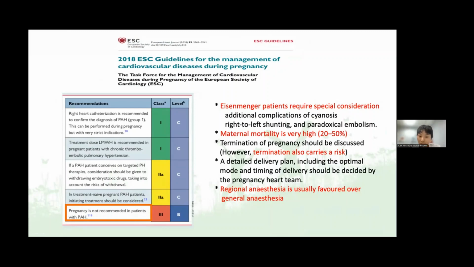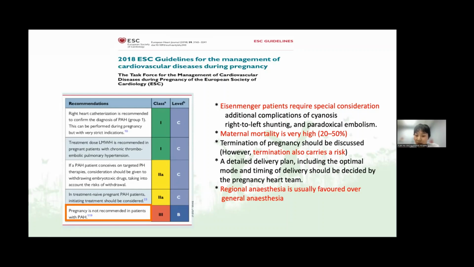In PAH associated with congenital heart disease, Eisenmenger's patients require special consideration, which includes additional complications of cyanosis, right-to-left shunting, and paradoxical embolism. The maternal mortality in these patients is very high, about 20 to 50%.